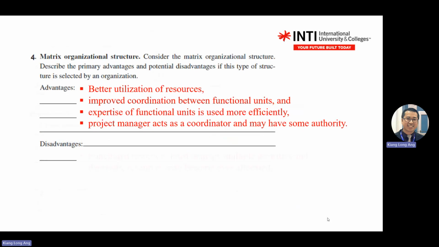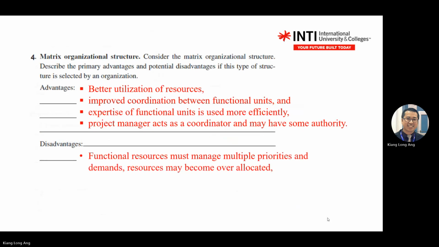Disadvantages is an extreme point. So functional resources must manage multiple priorities, because in functional you only manage your own priorities, right? But when it comes to matrix, you need to share. You need to think of which one you need to give priority because you are sharing resources with the projects. Okay.